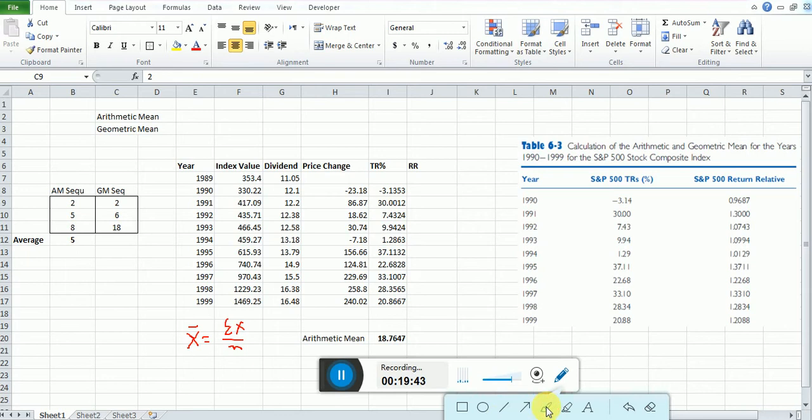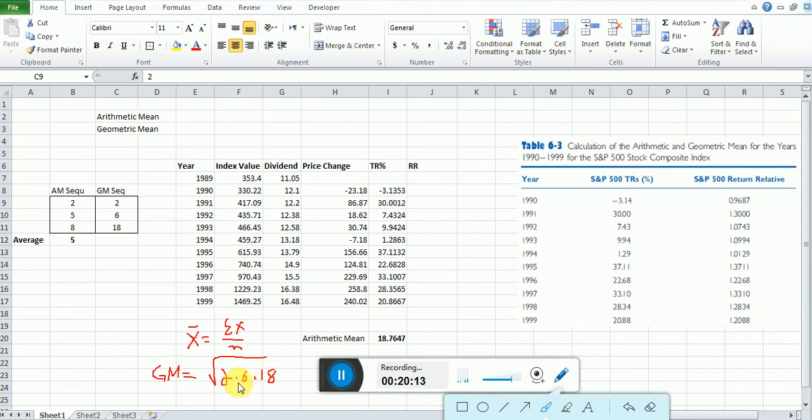So if you try to find the geometric mean, look, dear students, you have to take the product of all these values and just take the root. Okay, so we have the product: first 2, and then 6, and then 18, right?